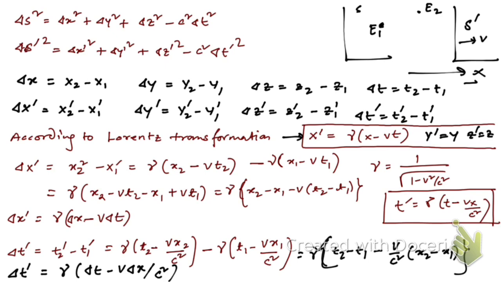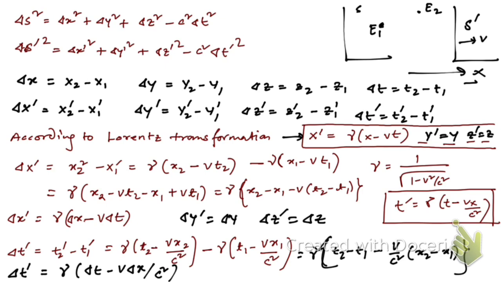And as you see, y dash remains y and z dash remains z. That's why we can say del y dash is del y, and del z dash remains del z, right? So hope you have understood this.